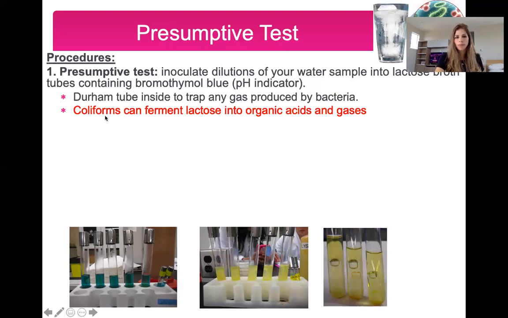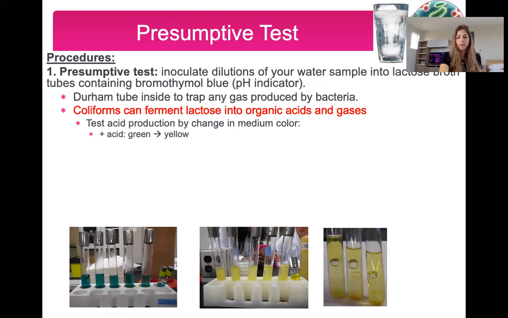If coliforms are present, they can ferment or use the lactose, and they produce acid and gas as a response. The way we see acid is the lactose broth turns yellow because the pH is acidic, and we see gas production. We see a little bubble in the Durham tube. So we test acid production by a change in medium color.